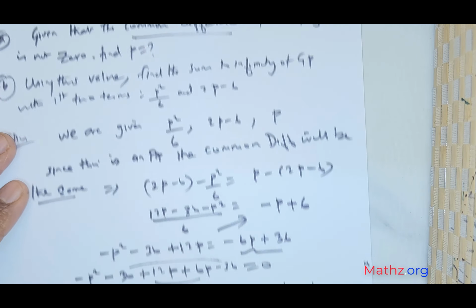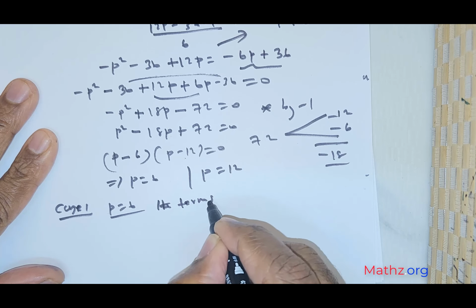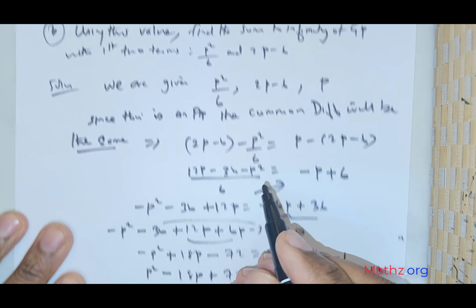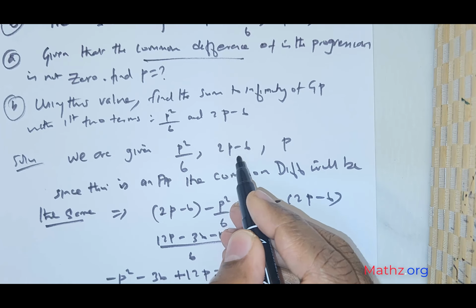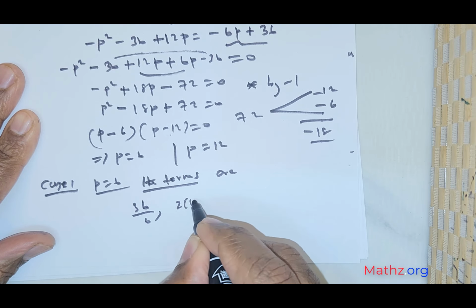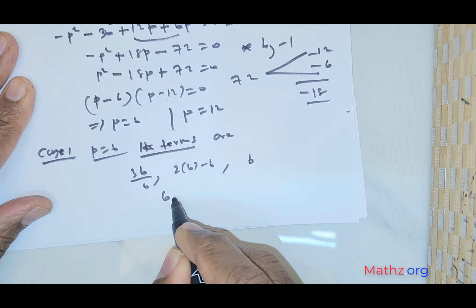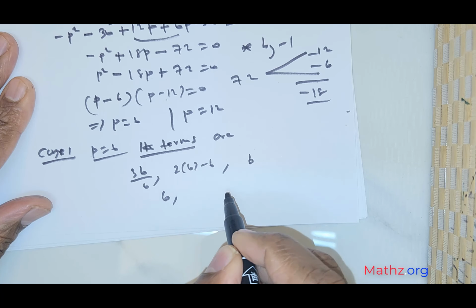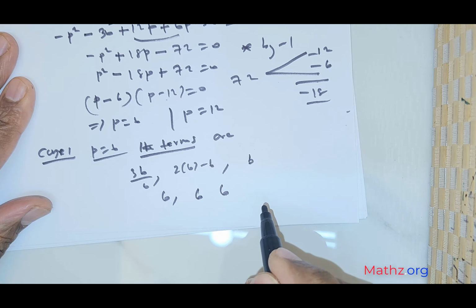So when p is equal to 6, the terms are p squared over 6, that's going to be 36 over 6, which is 6; 2p − 6, that's 2 times 6 − 6, which is 6; and you also have a 6 here.